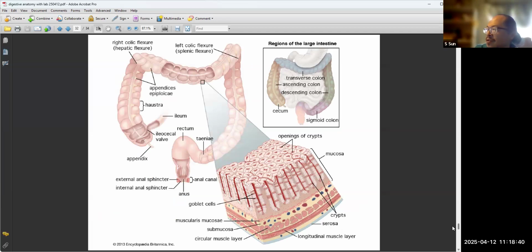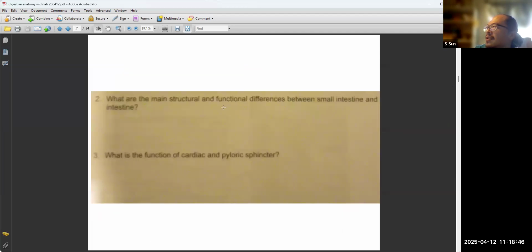And the question also asks about the functional difference right here. So the major functional difference is the small intestine absorbs your nutrients, but large intestine doesn't absorb nutrients.